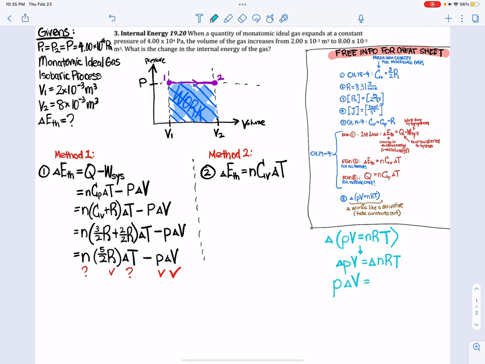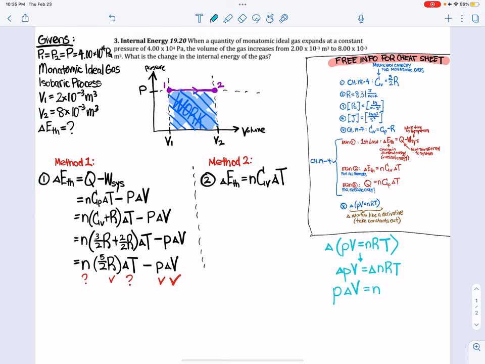Is equal to, N is constant, I just have a quantity of monatomic ideal gas, so N can come out. R is a constant, and temperature changes, so nR delta T, okay?